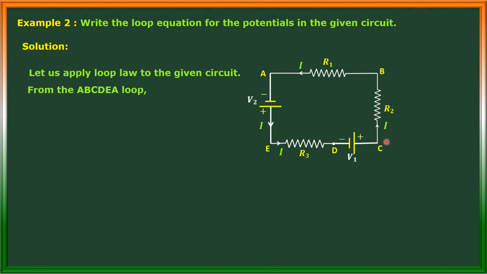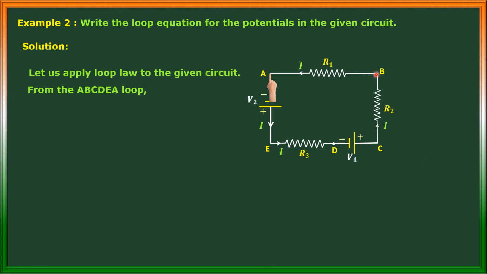That means I will traverse this loop like this. So first I will move from A to B, then B to C, C to D, D to E, E to A. Okay. See here, I am moving from A to B.